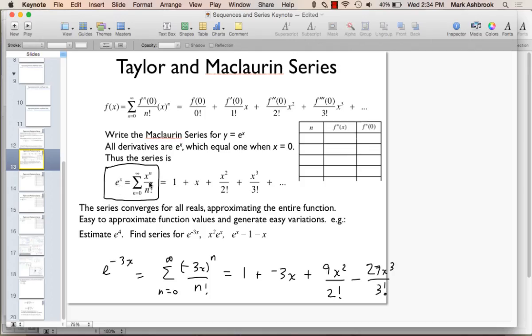The sum of 5 to the n over n factorial. And what is e to the y? y to the n over n factorial. This is the idea of a function. So what's e to the minus 3x? Minus 3x to the n over n factorial. See it?